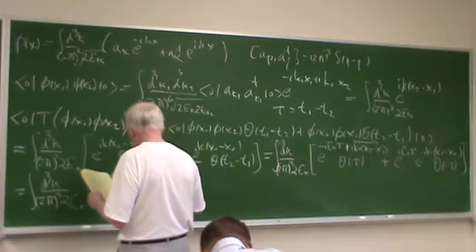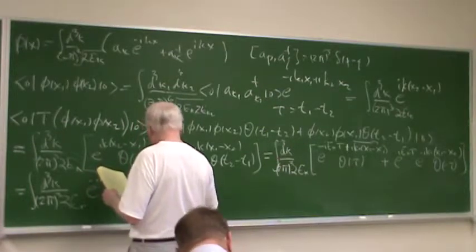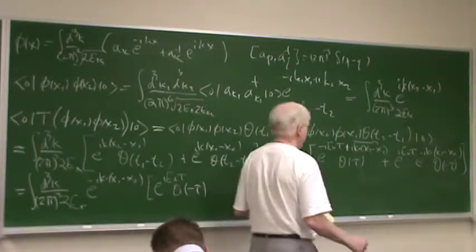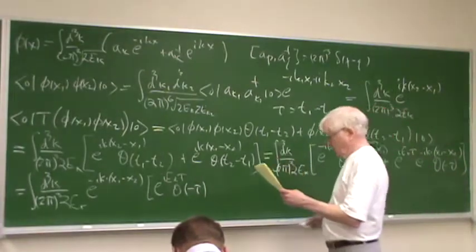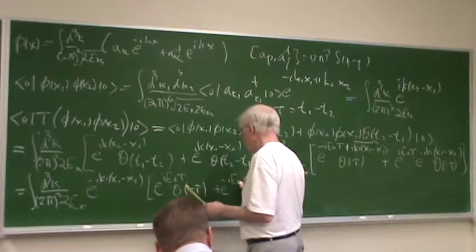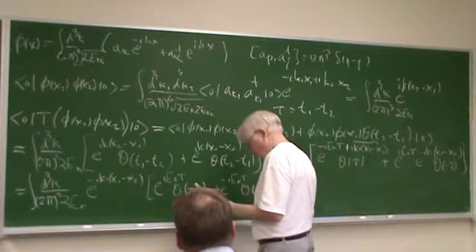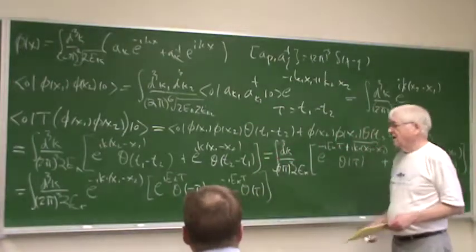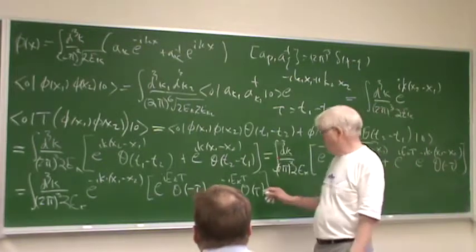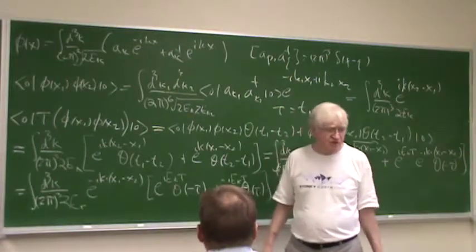And then we have e to the i ek tau theta of minus tau. That's the second term. Plus e to the minus i ek tau theta of tau. All right. Now, what we're going to do is rewrite the square brackets as a contour integral.